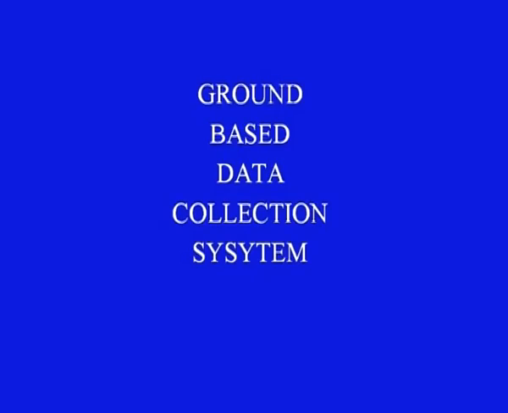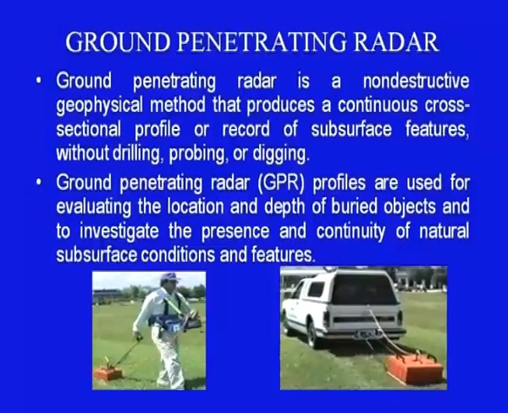Now we come to the next section, that is ground based data collection systems. In this, one of the main equipment is ground penetrating radar. Ground penetrating radar is a non-destructive geophysical method that produces a continuous cross-section profile or record of subsurface features without drilling, probing or digging.